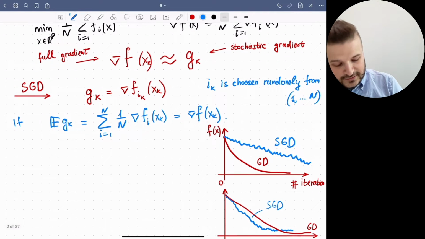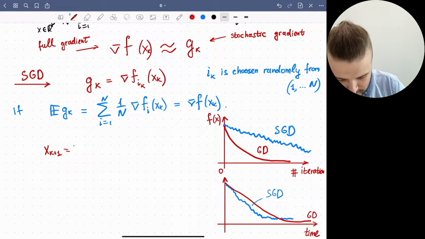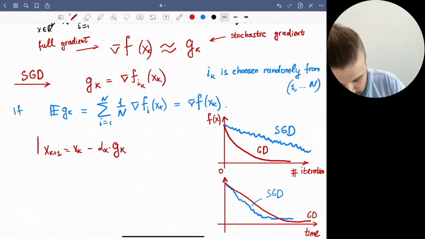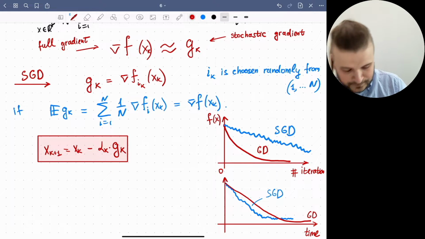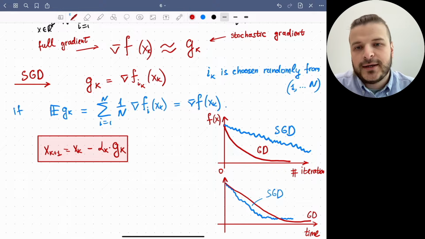And the stochastic gradient descent algorithm will be formulated as follows. And still we have a problem of step size selection, which is called learning rate in these algorithms.